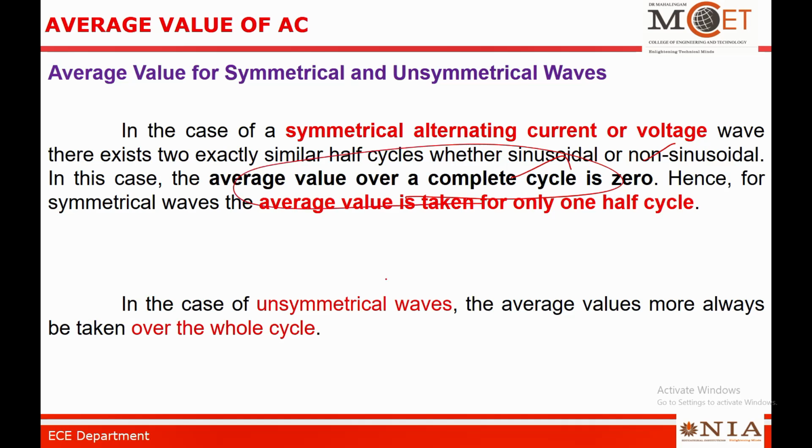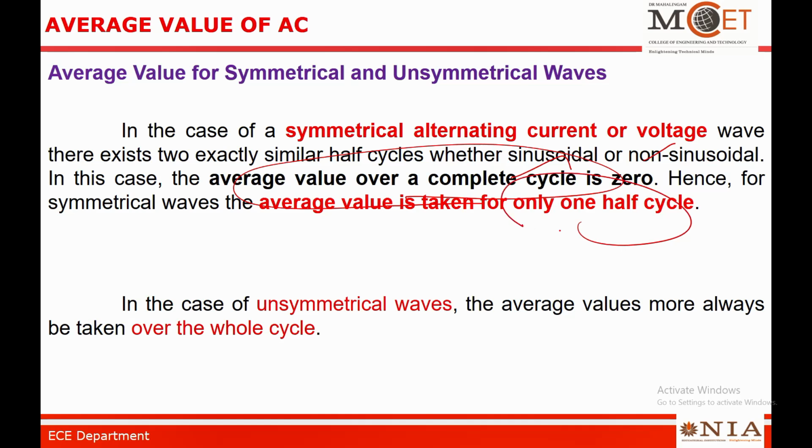Let me say again: for a symmetrical alternating current or voltage wave, with similar half waves, whether sinusoidal or non-sinusoidal, the average value over a complete cycle will be equal to 0. So for a symmetrical wave, the average value is taken for only one half cycle.